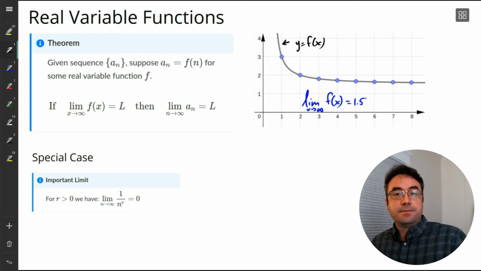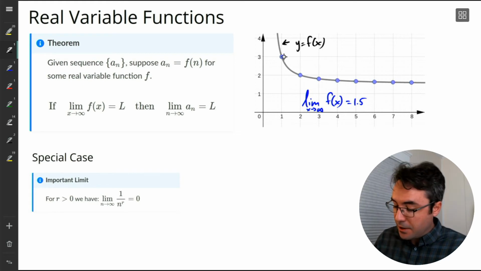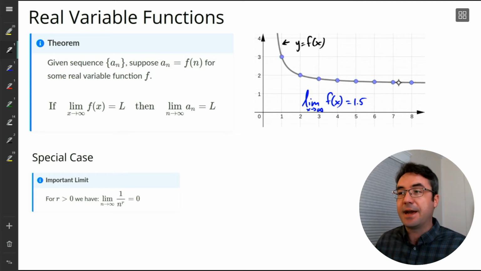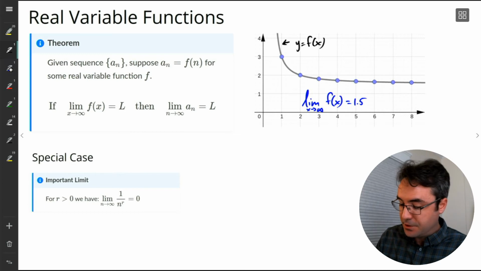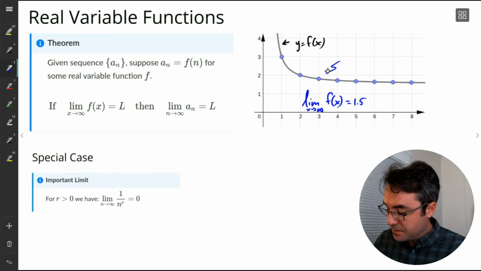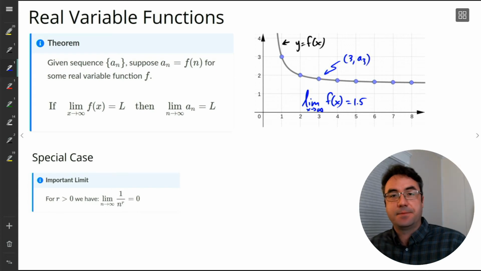The actual terms of our sequence are just these discrete points that are plotted on that curve. So for instance here, this would be the point 3 comma a sub 3. It's just the third term of our sequence, graphically plotted on this xy plane.